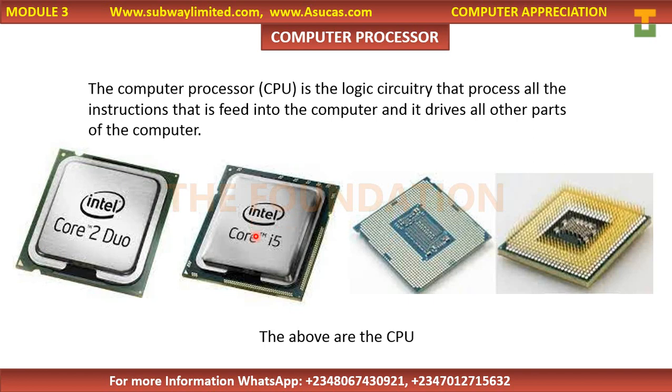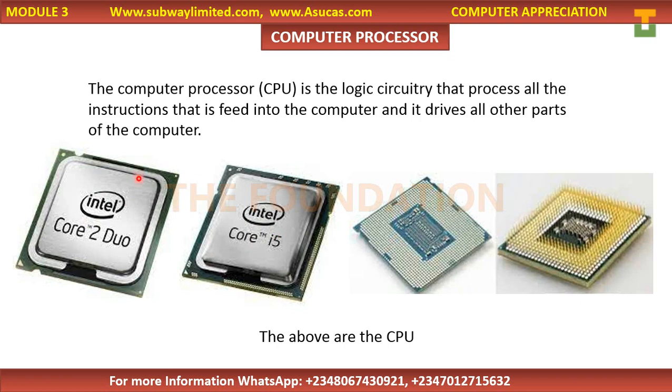Core i5, if you are buying a system and the system is core i5, now we have core i7, and the IT industry will keep on upgrading the components. Core 2 duo is a lesser computer speed compared to core i5. We will take a look at the computer processor later and dissect it.